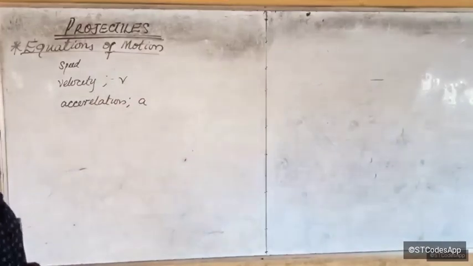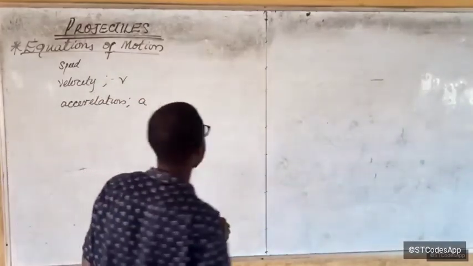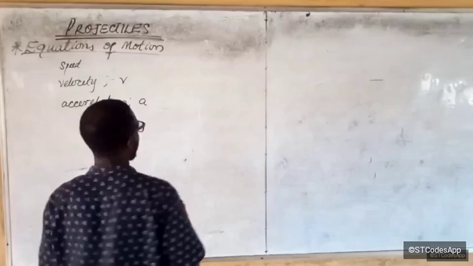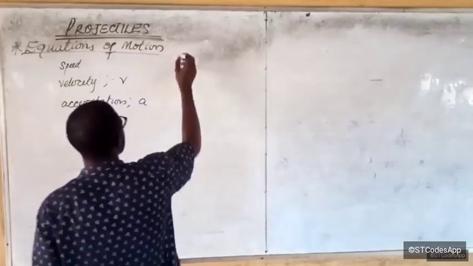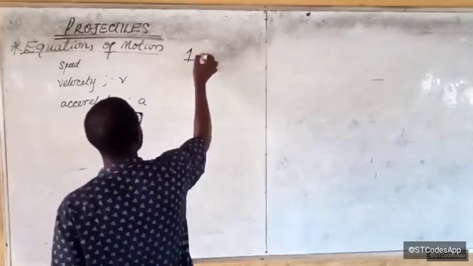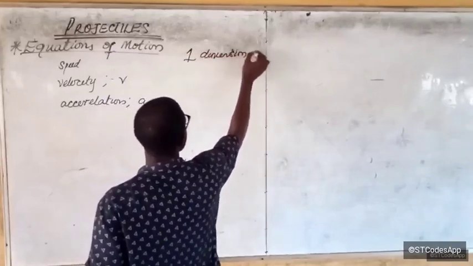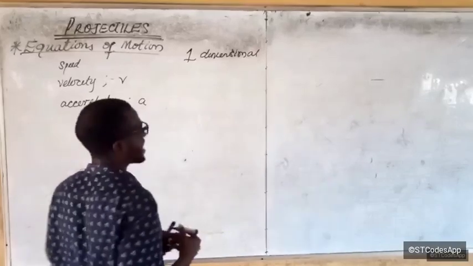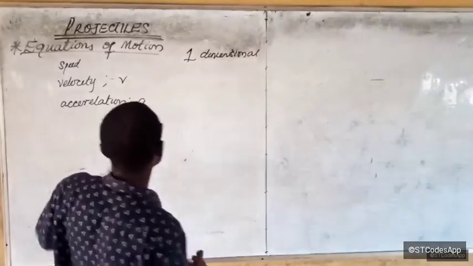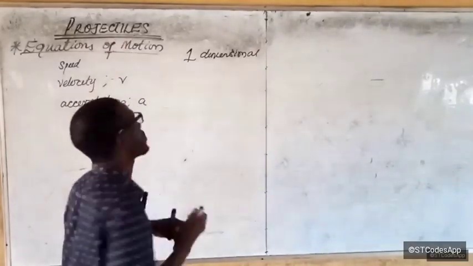All right. But the first thing I want us to keep at the back of our mind is that we are still observing a one-dimensional motion. And that is what separates it from a projectile motion.